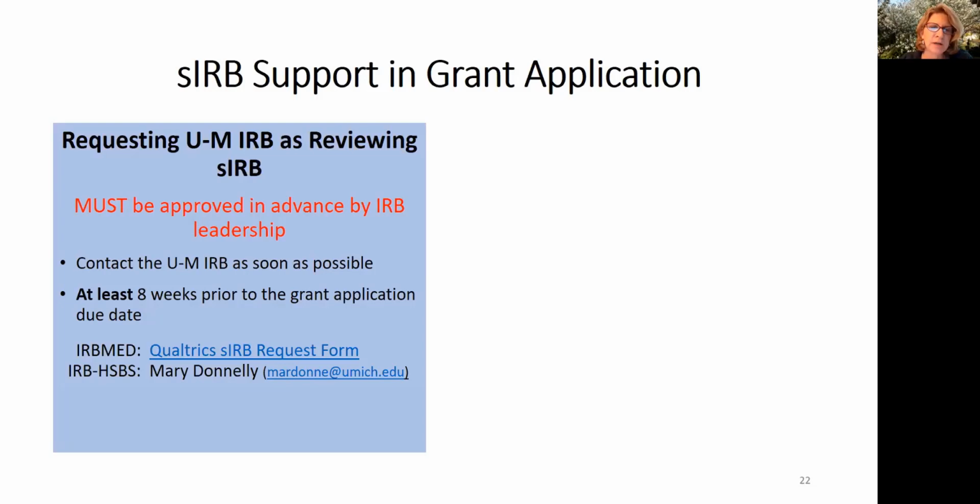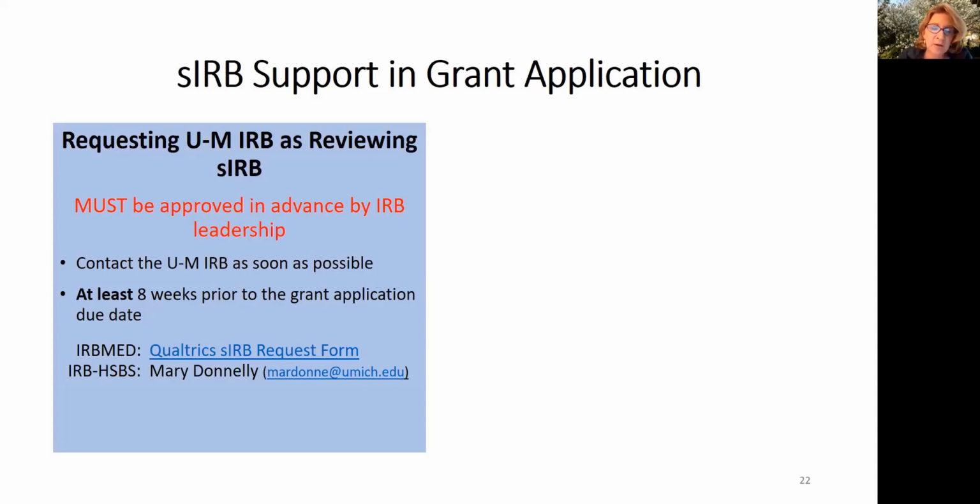So we are asking that you contact the IRBs at least 8 weeks prior to the grant application due date. That's because we do need to collect additional information from you, and we need to present that information to IRB leadership, which includes specific representation from UMOR and the HRPP director for discussion and decision making.